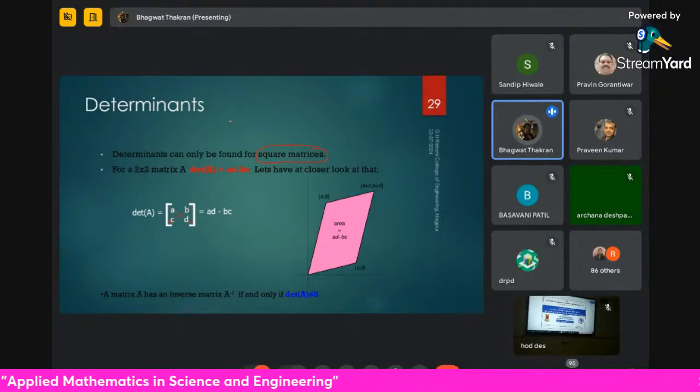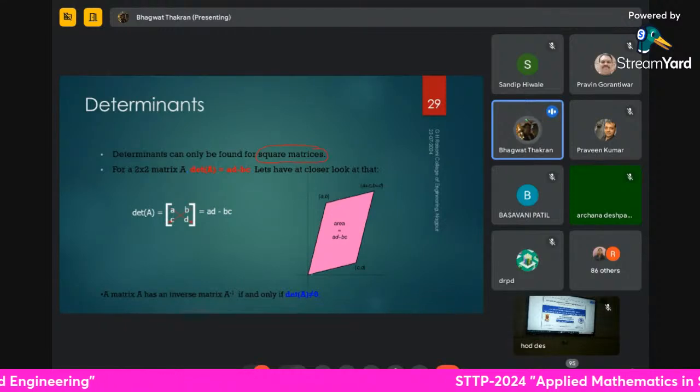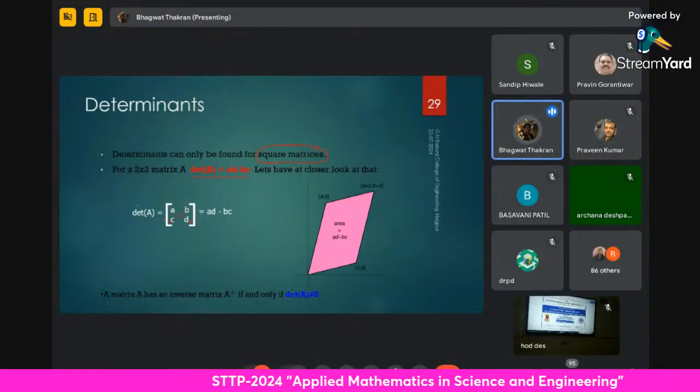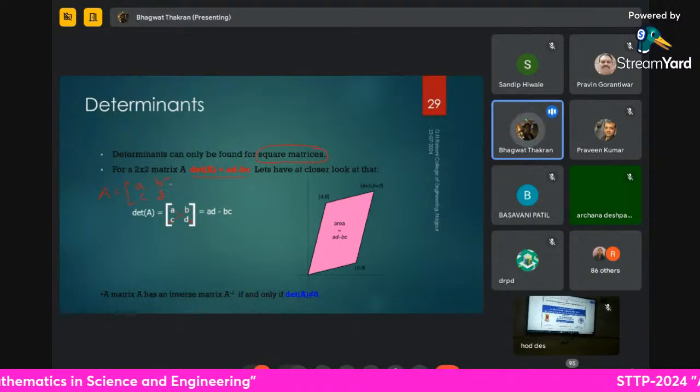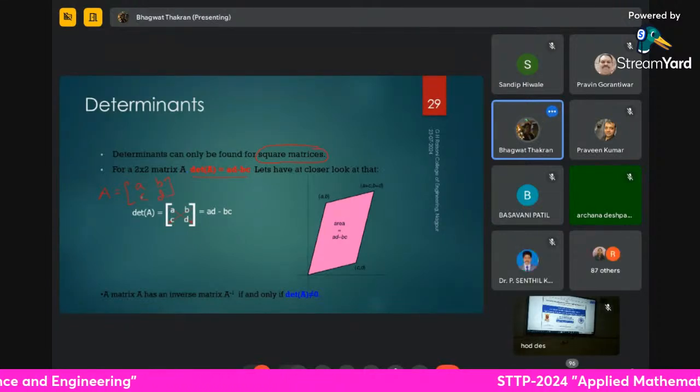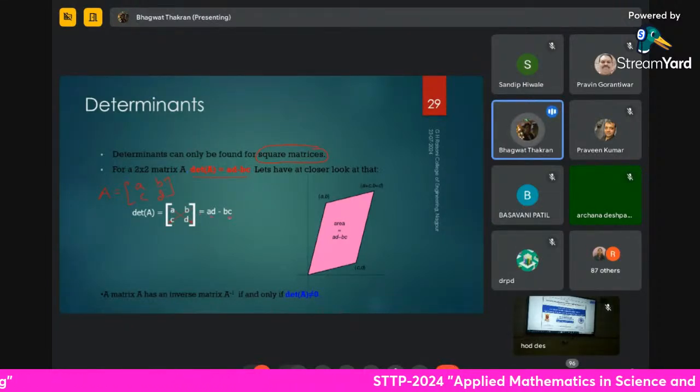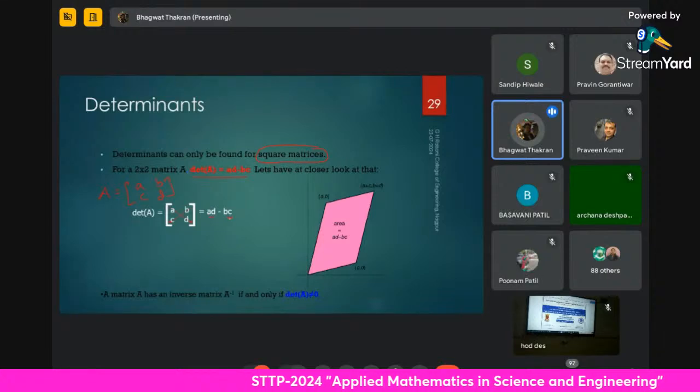Now this is the basic idea or visualization of what we mean by the determinant. For a 2 by 2 matrix, if A is my matrix with entries a, b, c, d, then we know that the determinant is defined as ad minus bc.